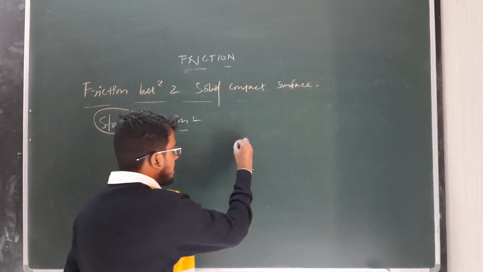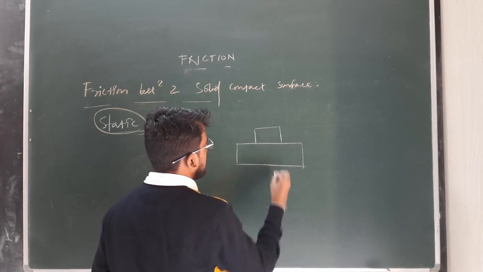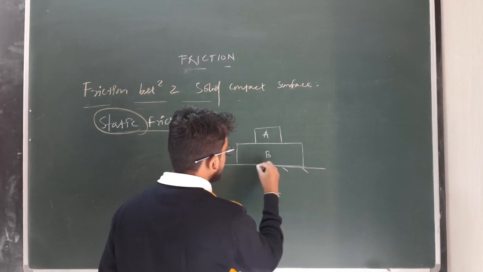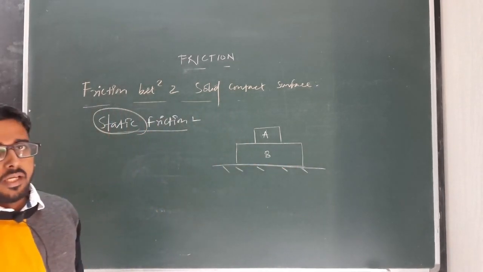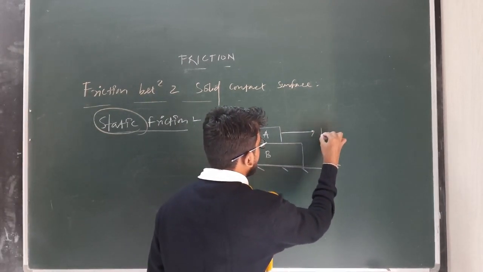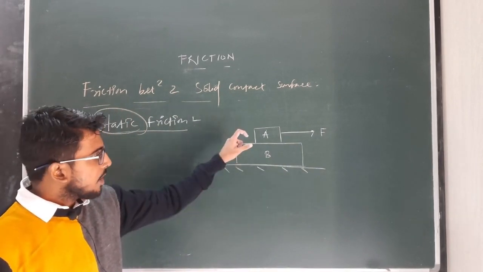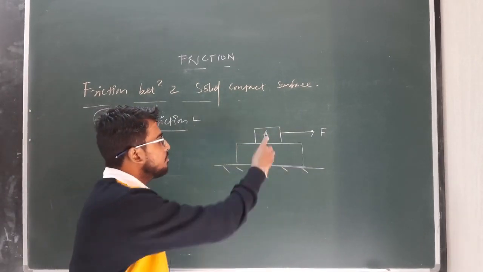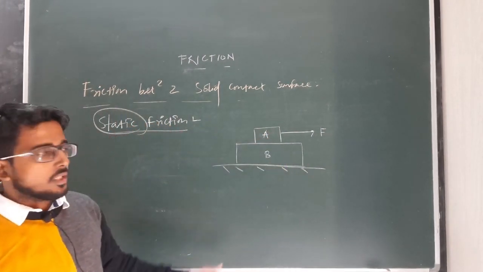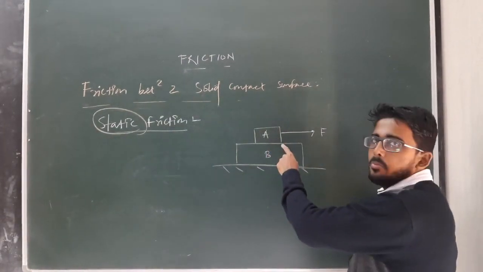So whenever there are two bodies in contact, similarly here is block A and block B, they are placed on a surface. Okay, and I am applying a force on this block A along this direction. Okay, so if block B is at rest, but I am applying a force F on block A, so the block A will start to move along block B, but it was observed that the block A is not moving.